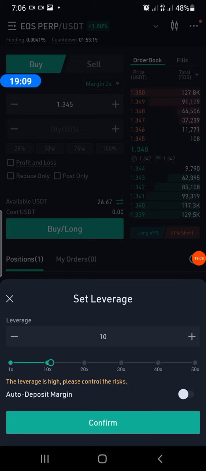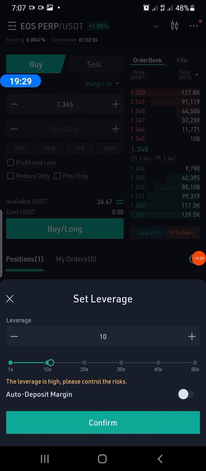Remember that liquidation means once the trade reaches your liquidation price, which is usually the market price at that moment, your trade will close. You will lose the money you staked on that trade.